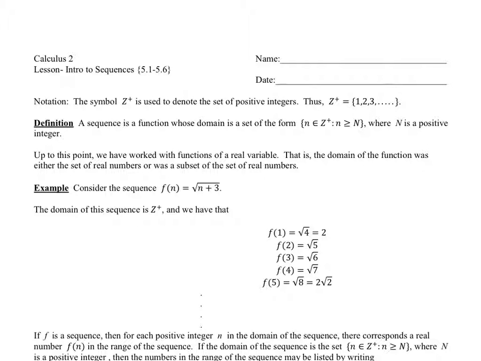If that's the case, then I've just established capital N to be 10. So it's just starting with that position within the sequence and then going on from there. So we have dealt with functions of a real variable, and what we're going to do is take our knowledge of those real variable functions and apply it into this realm of sequences. And I'll show you some techniques on the calculator.